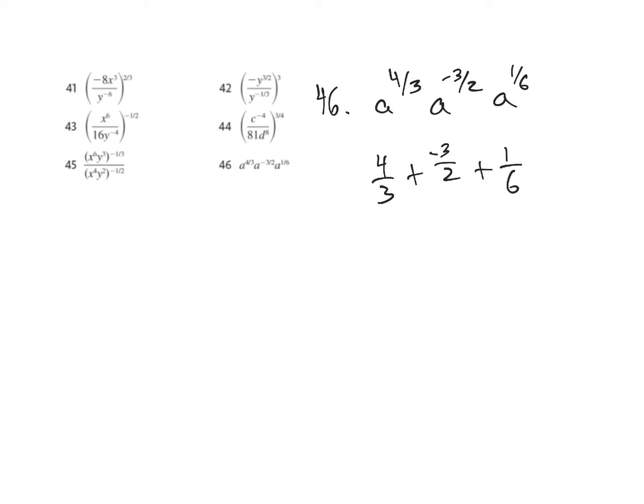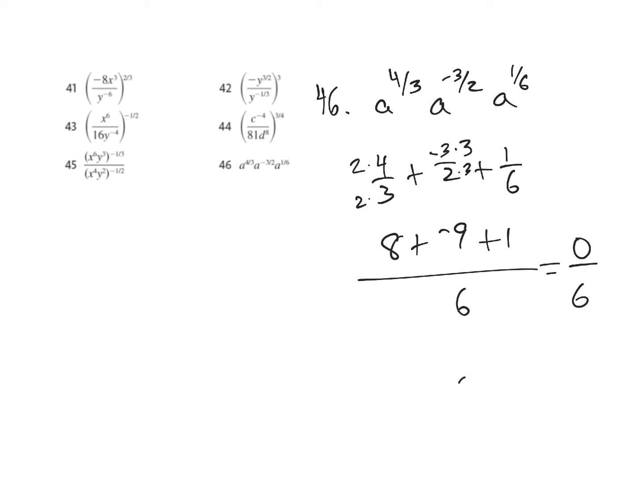So 6 is your common denominator, so we're going to multiply by 2 in the first fraction, by 3 in the second fraction, and the 1/6 doesn't need to change. So we have 8 plus a negative 9 plus a 1, all over 6. 8 plus negative 9 is negative 1. Negative 1 plus 1 is 0. 0 over 6 is 0. So that's your answer.